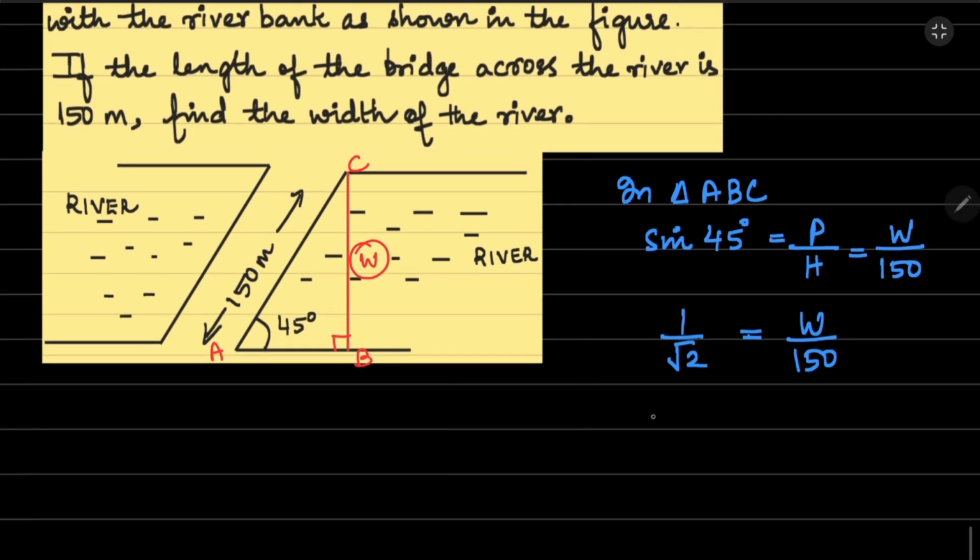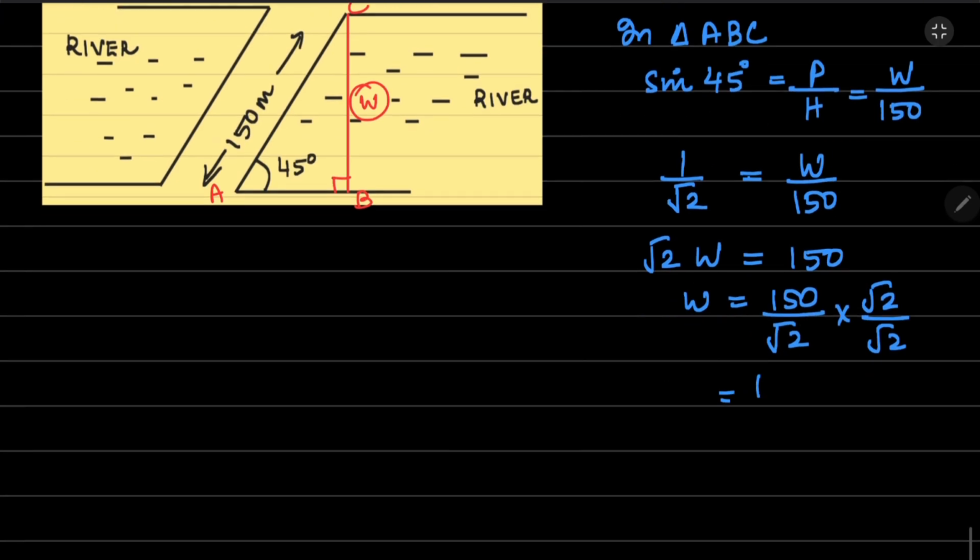So cross multiply, you will get root 2 W is equal to 150, and W is equal to 150 divided by root 2. Multiply numerator and denominator by root 2. So what do you get? 150 root 2 by 2. So 75 root 2 meters.